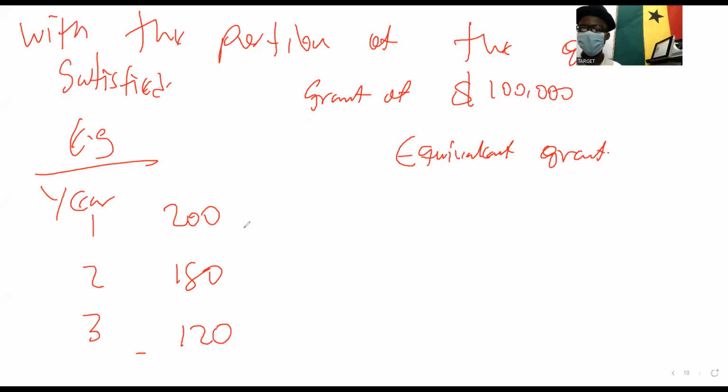For the first year, we graduated 200 students. So what will be its equivalent? It will be 200 divided by the 500 times the $100,000. What will be the amount of grant we must record in our books for that particular year?